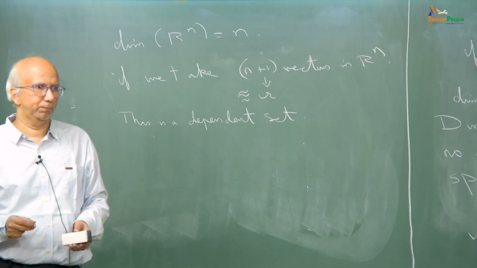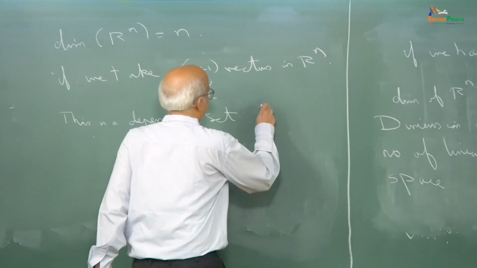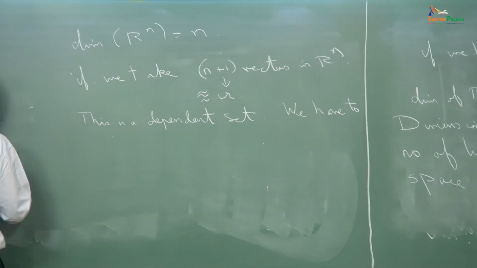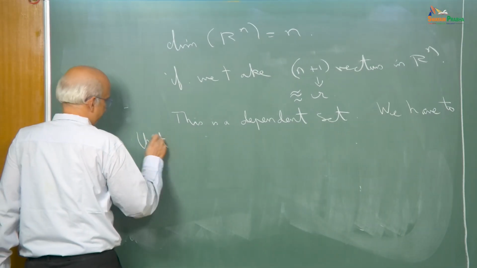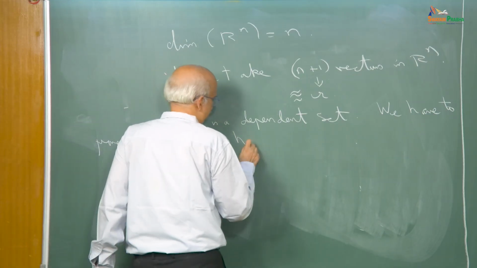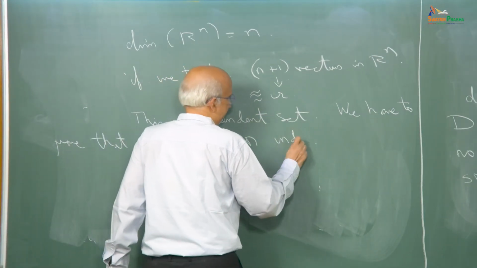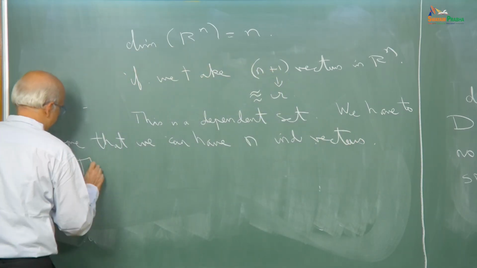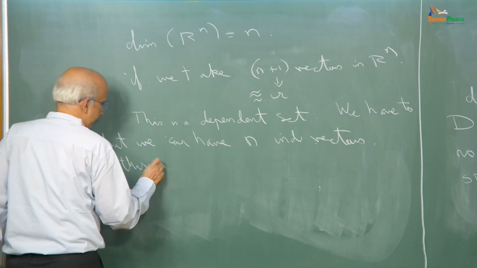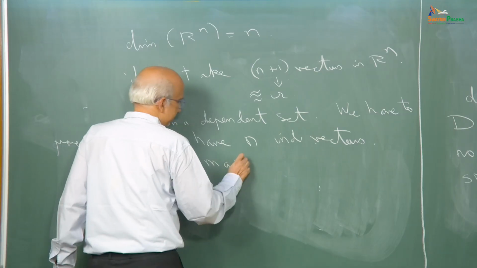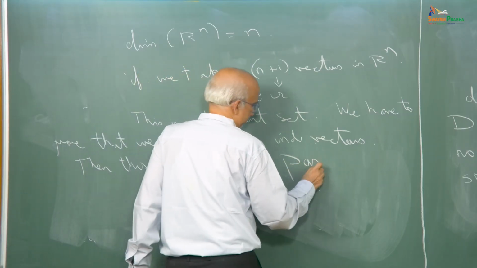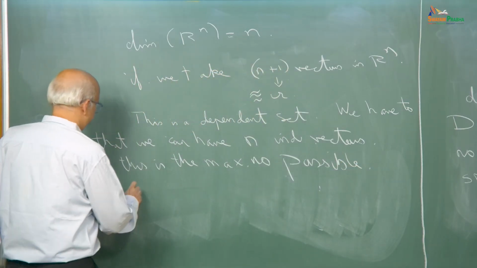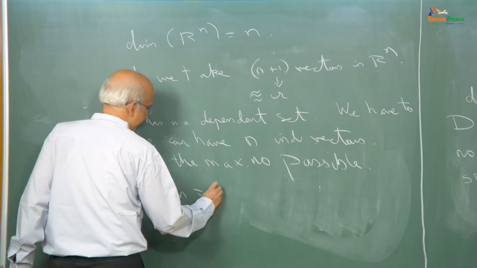So, basically my job is to prove that we can have n independent vectors, then this is the maximum number possible, and therefore dimension equals n.